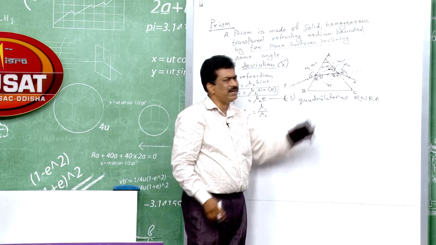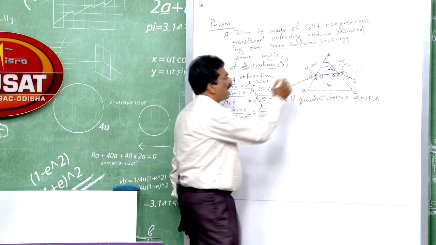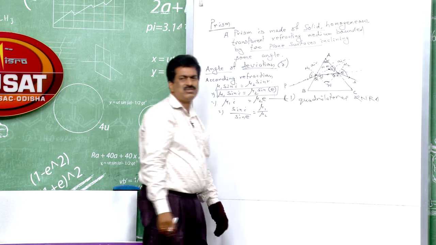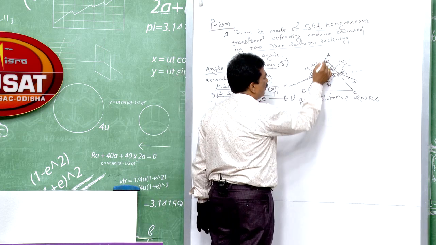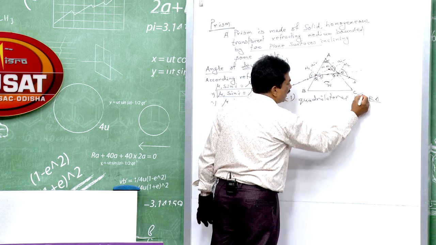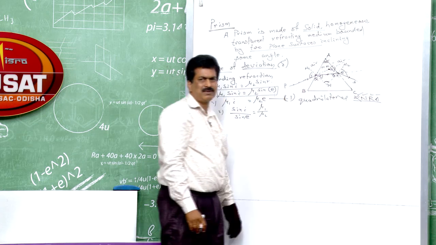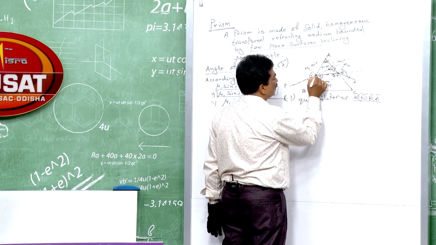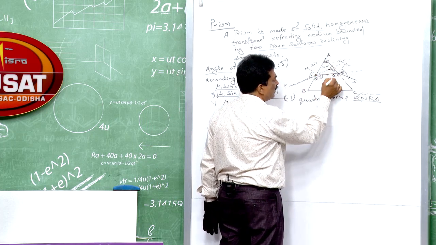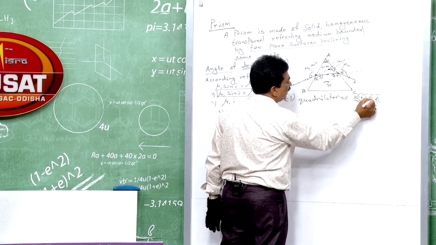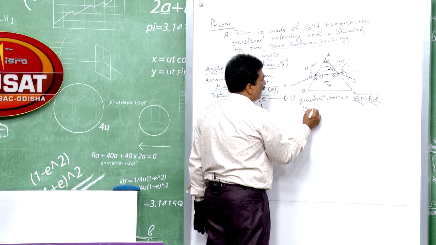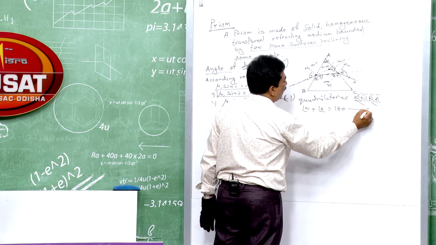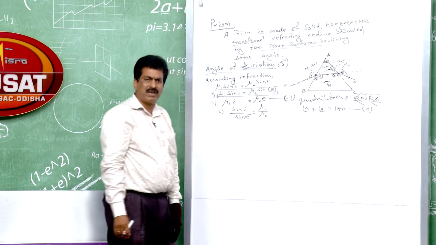So 90 plus 90 is 180 degrees, and the remaining two angles, this is A and this is N. These two add up to 180, because for a quadrilateral there are 4 angles and the sum of the 4 angles is 360, but these two angles are 90 degrees, because at Q it is the normal, and at R it is the normal. So Q and R are 90 degrees each. Therefore angle N plus angle A is equal to 180 degrees. Let that be equation A.